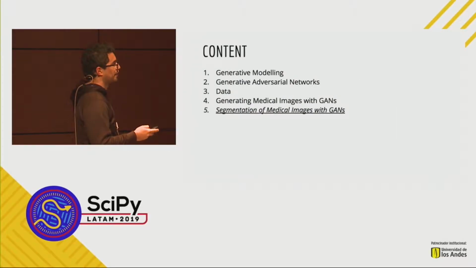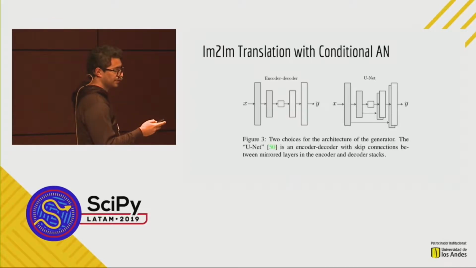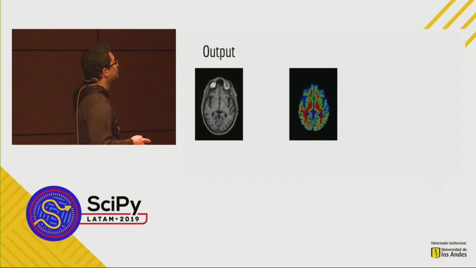So in order to perform segmentation, we can use a different architecture. We don't input an image. But I'm sorry, you don't input the random noise, you input an image, and you use an encoder-decoder architecture for the generator and a UNet for the discriminator. So this is kind of the output. And that's very important.